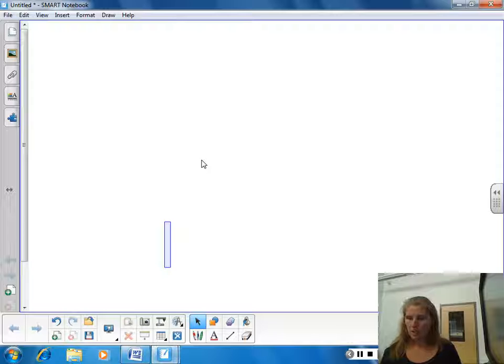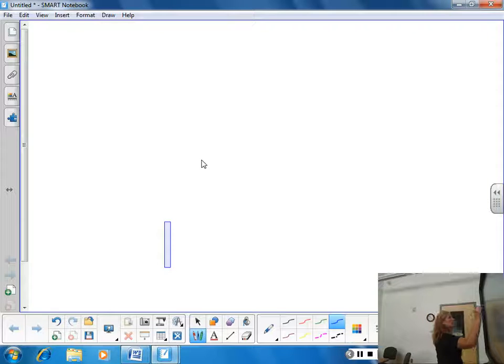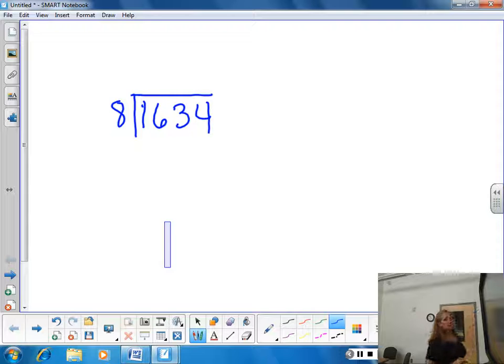Okay, then we're going to do, let's make 8 our divisor. Sometimes you don't get a remainder, sometimes you do, you don't know until you work the problem.